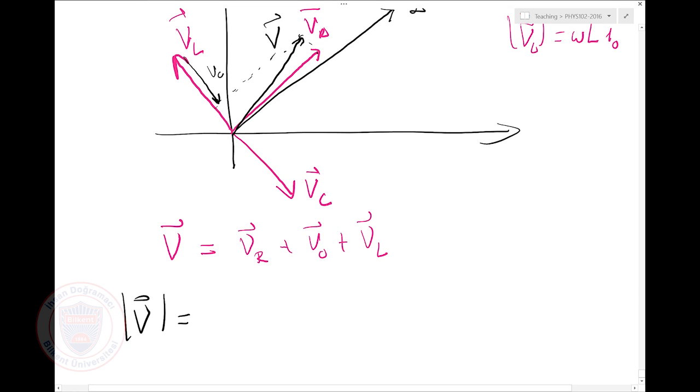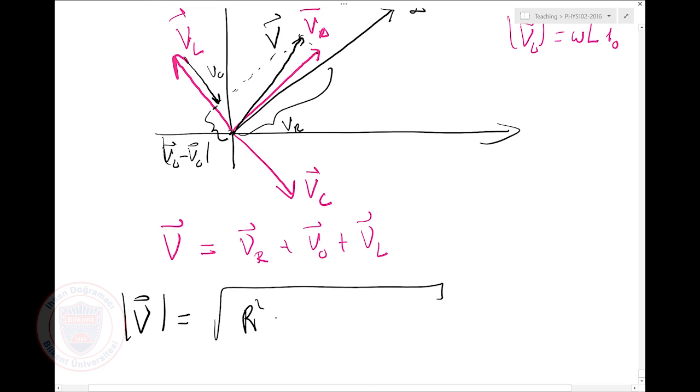What is the magnitude of V? We have to look at the magnitude in two sides. On one side, magnitude is VR. On the other side, magnitude is VL minus VC magnitude.